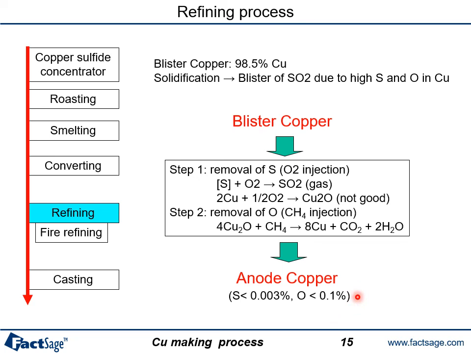Okay, and then this anode copper can be sold as it is, or it can go to the electro-refining process again. So this shows you the overview of the copper smelting process and how we can utilize the phase for the roasting, smelting, and converting calculation.